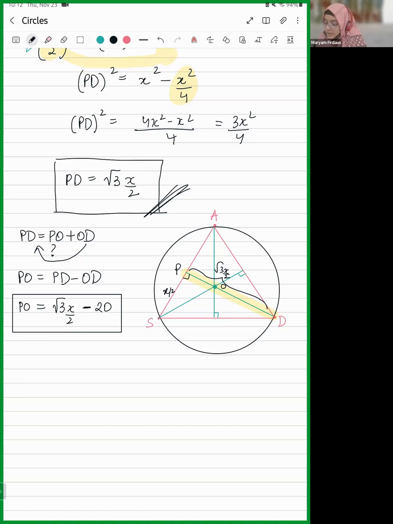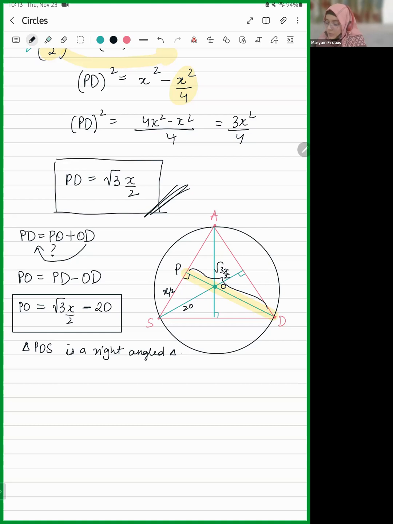Now look at this triangle. The triangle POS is a right angled triangle. We know OS is 20 because it's the radius.